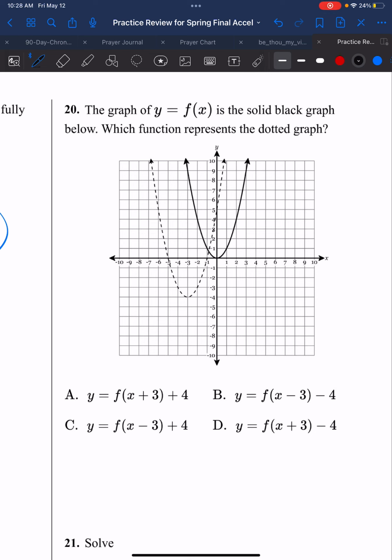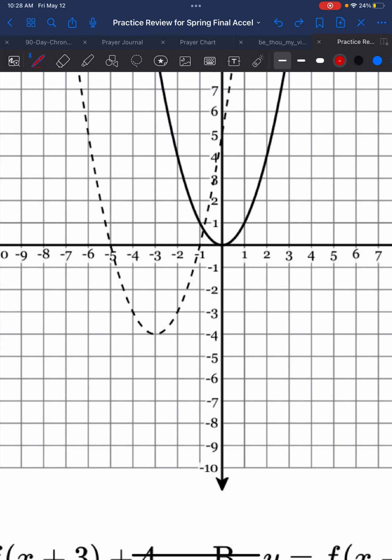So let's look at this together. It says the graph of y equals f of x, the parent function, is the solid line here. So right here, that one, okay? Which function represents the dotted graph? Let's think about what we did here to get here.